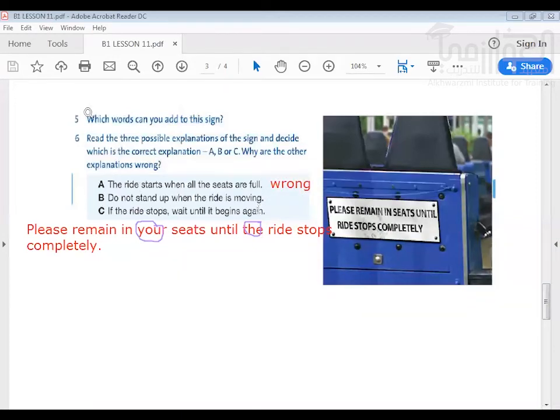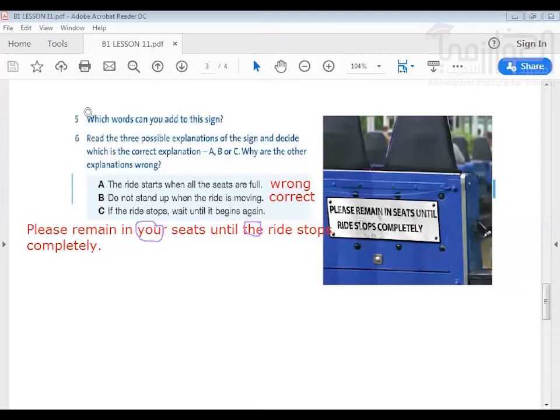And then when we look at "do not stand up when the ride is moving," this is exactly what is being said here. If the ride hasn't stopped, it means the ride is moving. So this is correct. And then C, "if the ride stops, wait until it begins again."